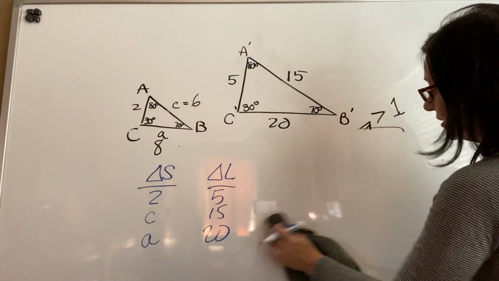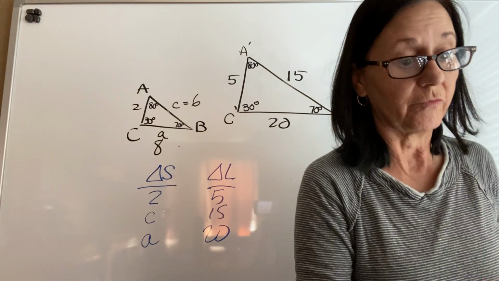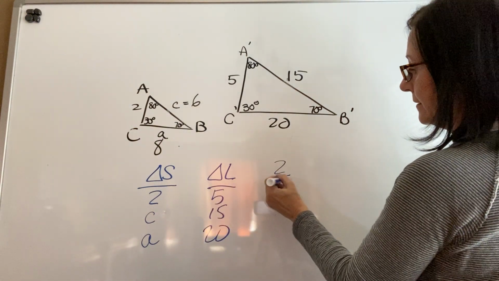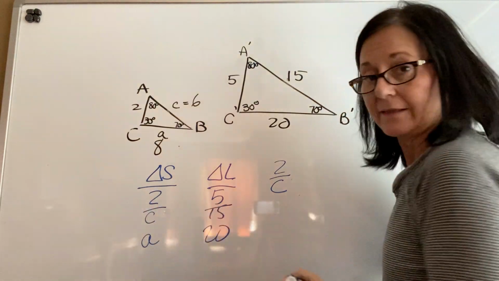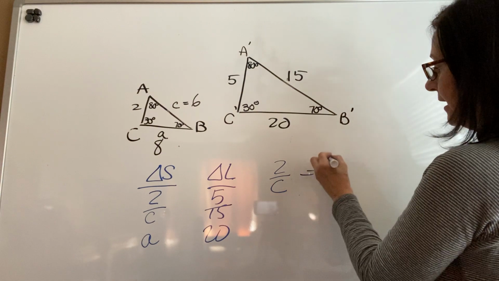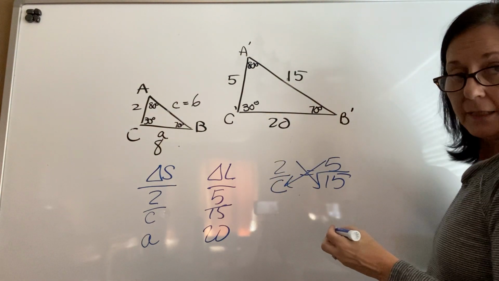The scale factor is also your ratio, okay? It's your ratio. So it would be 2 is to C. It's kind of hard to see, isn't it? 2 over C equals 5 over 15 and cross multiply.